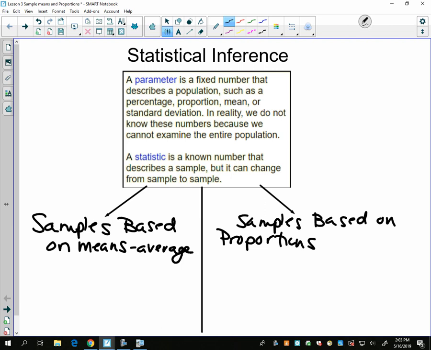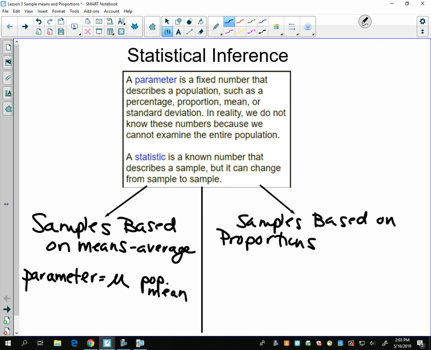So the parameter is known as mu. Now mu is the population mean. We don't know what the population mean is, and that's the whole point. Parameter is equal to mu, the population mean. So we don't know what the population mean is.